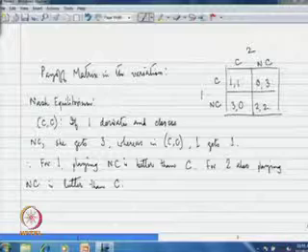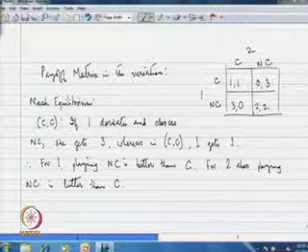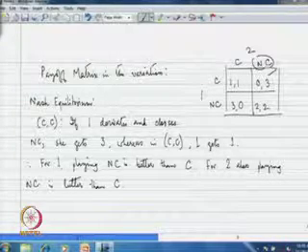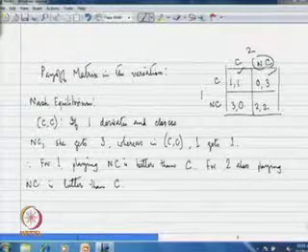For player 2 also we can see that if player 2 plays NC, she is getting 3, whereas in CC she is getting 1.